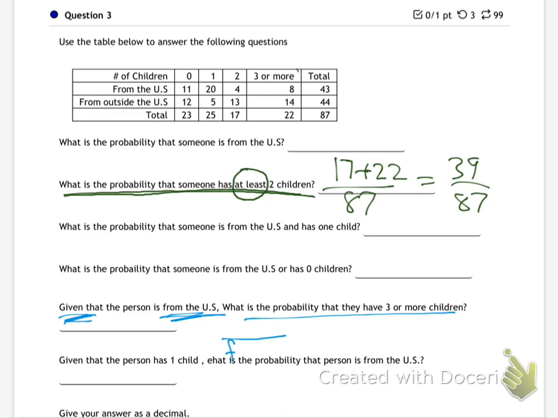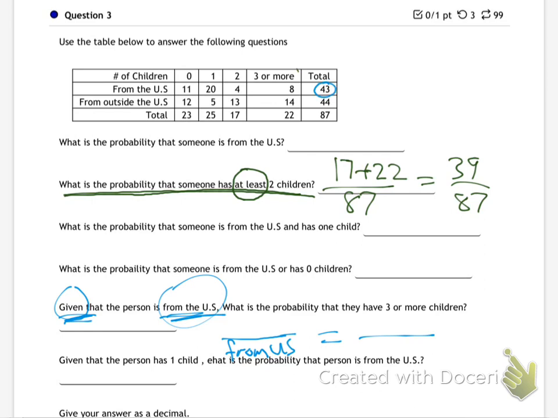So the denominator is from the U.S. now. It's not the overall total. It's just the total people from the U.S., because that's what we're given. So how many are from the U.S.? Yeah, 43.